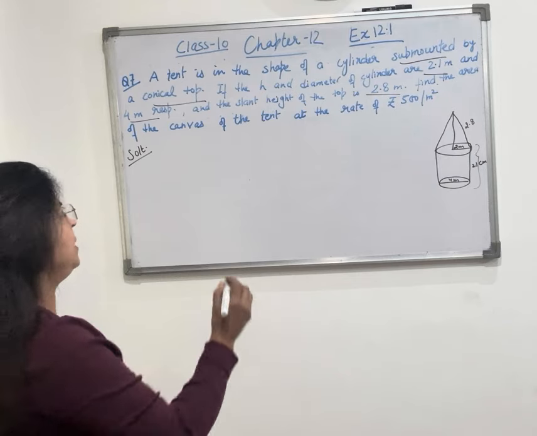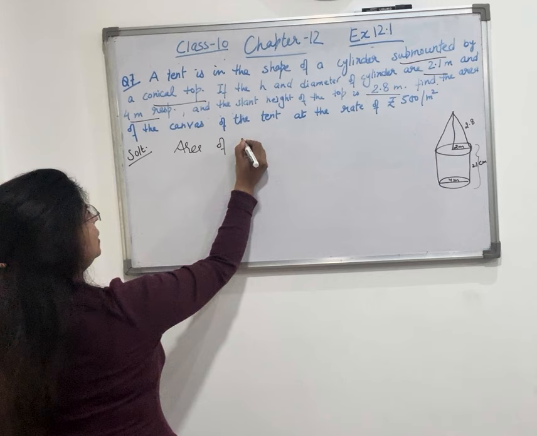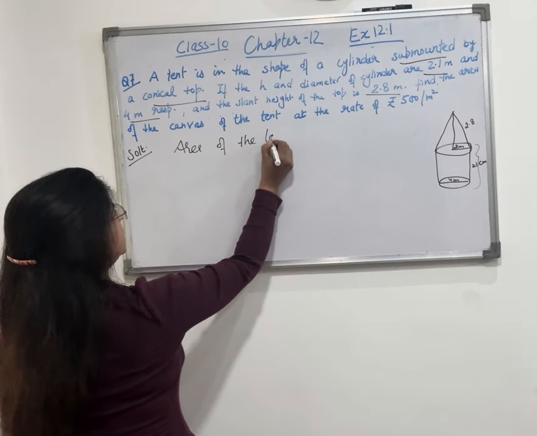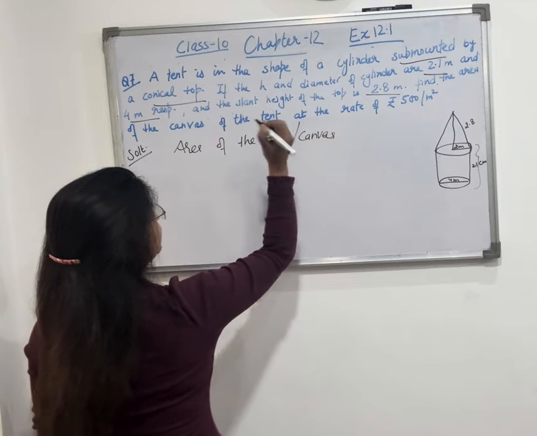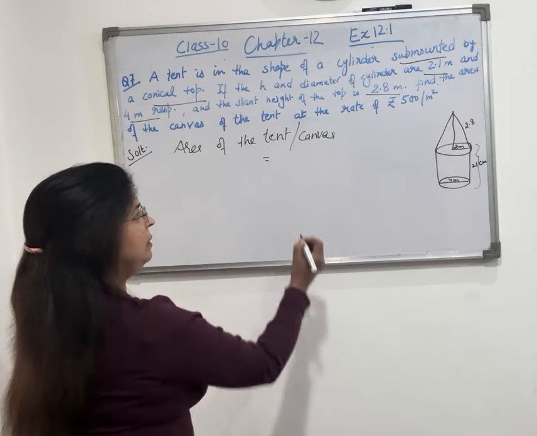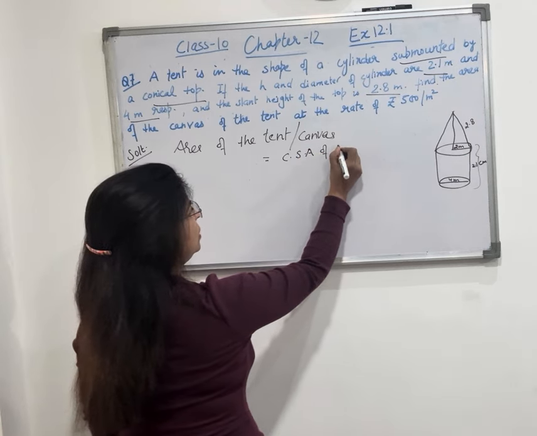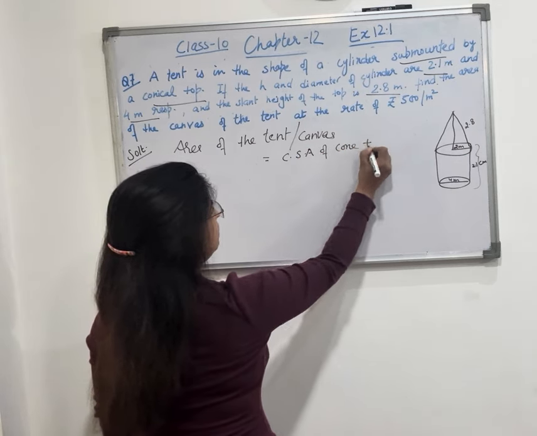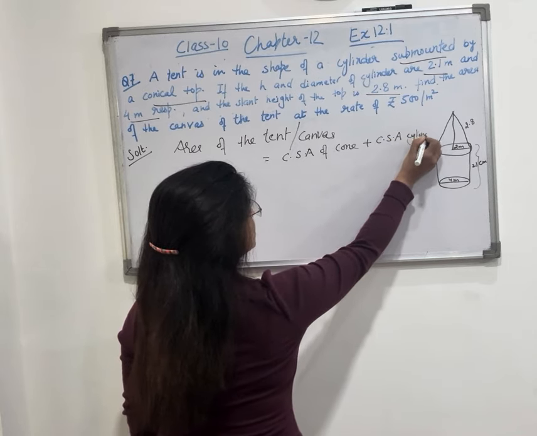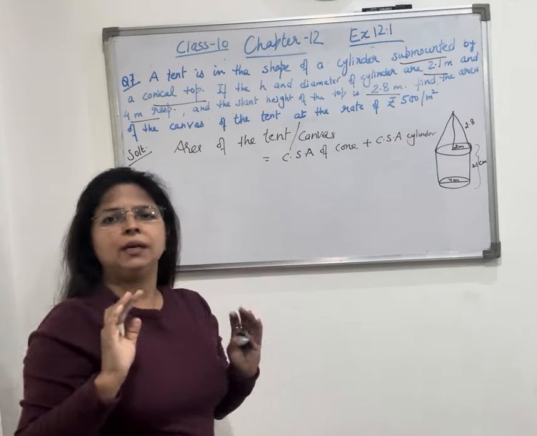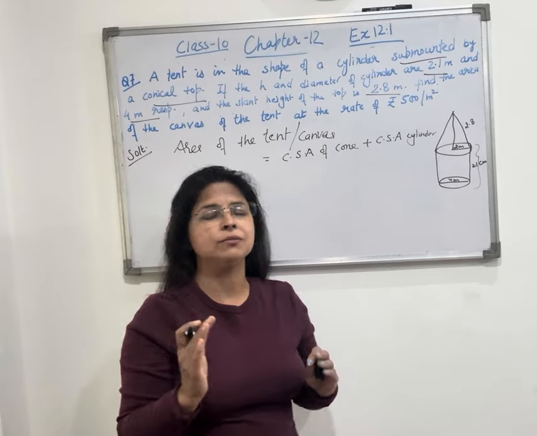So first thing is we have to find out the area of the tent, or we can say canvas, whatever. So its area will be curved surface area of cone plus curved surface area of cylinder, because whatever the material will be required for making the tent, that will cover only its curved surface area.